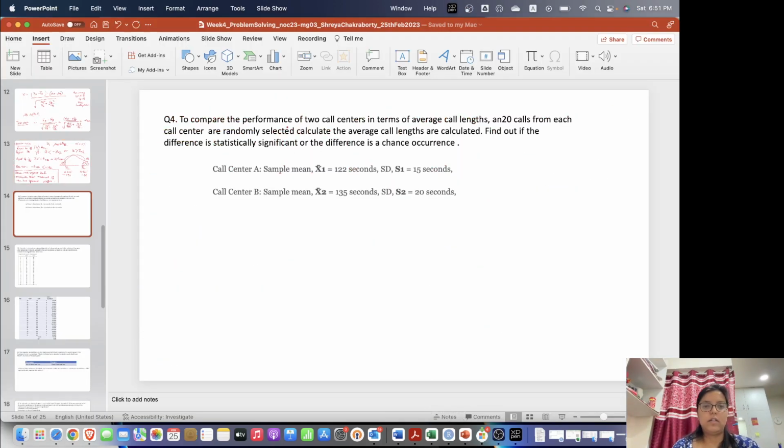So now we have this one. To compare the performance of two call centers in terms of average call lengths, 20 calls from each call center are randomly selected and the average call lengths are calculated. Find out if the difference is statistically significant or a chance occurrence.